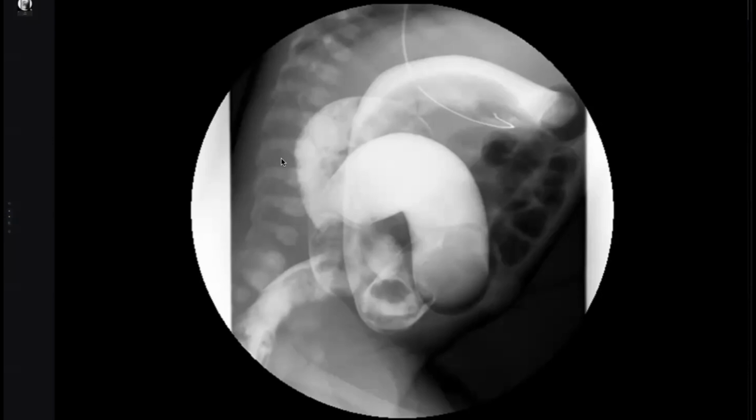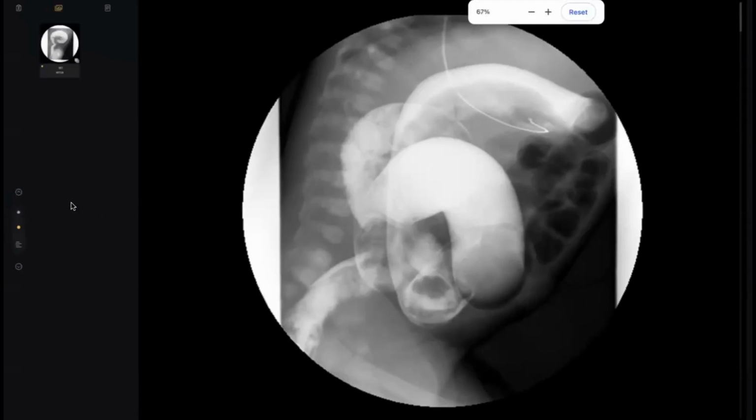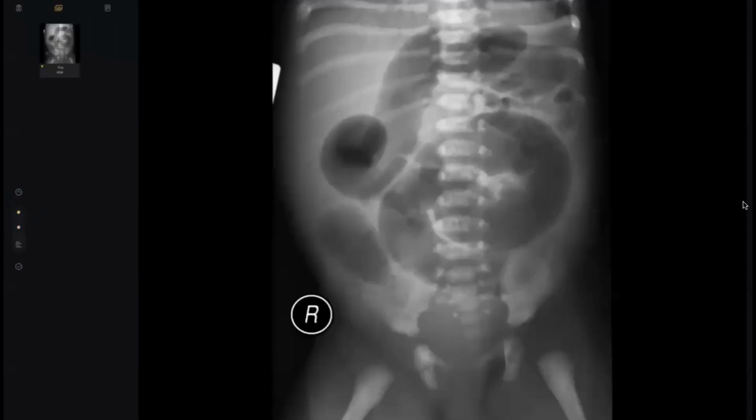Our doctor really did something very nice when he noticed this. This is a small bowel, okay? The rectum is not seen, so it is almost large bowel or low GIT obstruction. Better in neonates especially to use the term upper GI or lower GI.